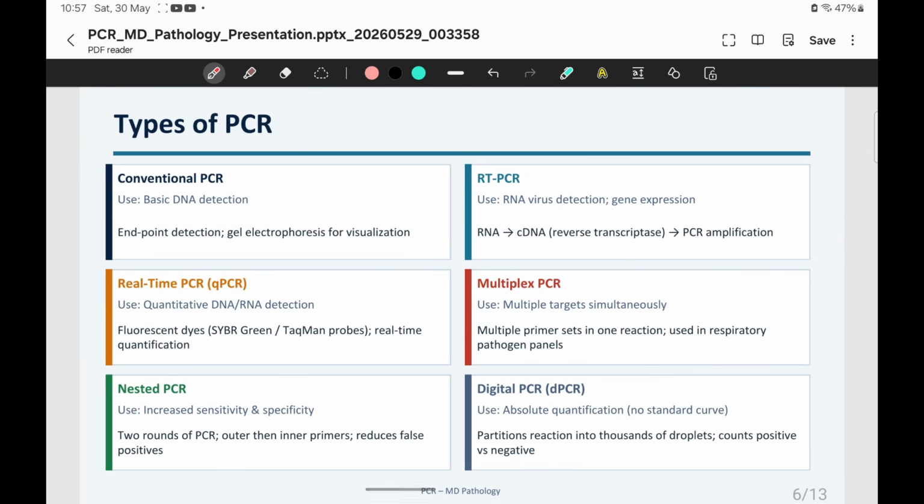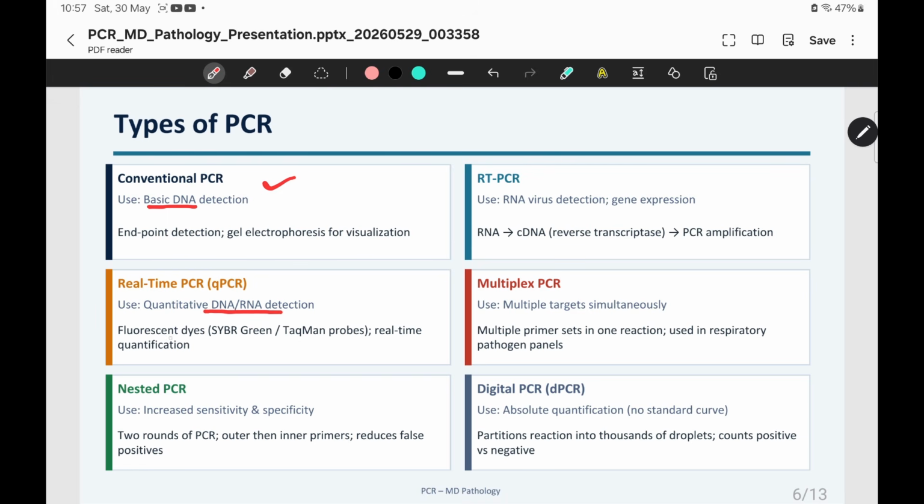Now what are the types of PCR? There are multiple types of PCR. One is the conventional PCR, which is used for detection of the DNA, and the real-time PCR, that is also called the quantitative PCR, which is used to quantify the amount of DNA or RNA present in the sample.